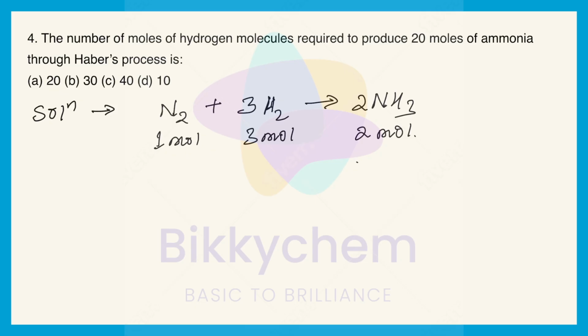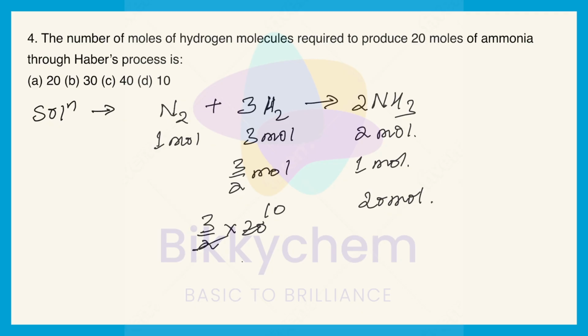So 1 mole of ammonia requires 3 by 2 mole of hydrogen. If 20 mole of ammonia is there, then it will be 3 by 2 into 20, which means 30 mole. So 30 is option B.